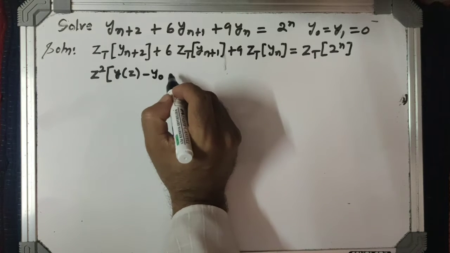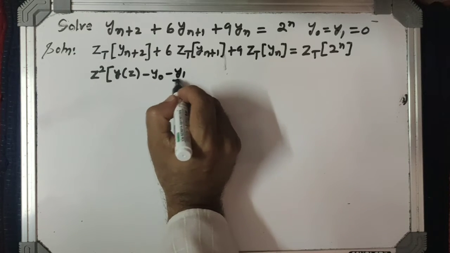In place of u0 I will write y0 minus y1 divided by Z.